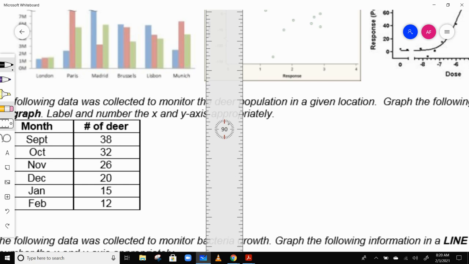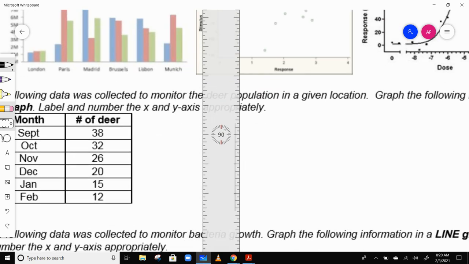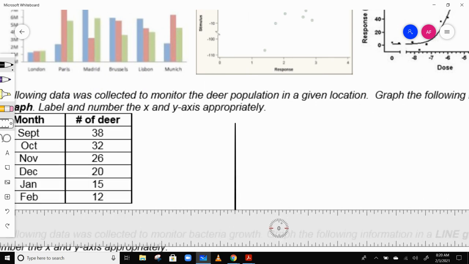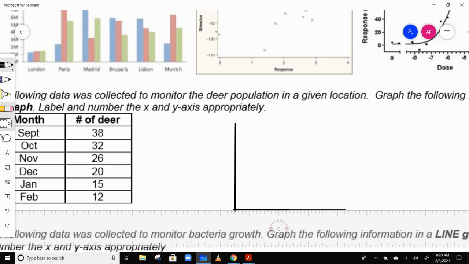Okay, so here is our y-axis, and then here is our x-axis. Oh, we can even use the ruler here. Okay, there we go. So we have our x and our y-axis. Let's put the ruler away.